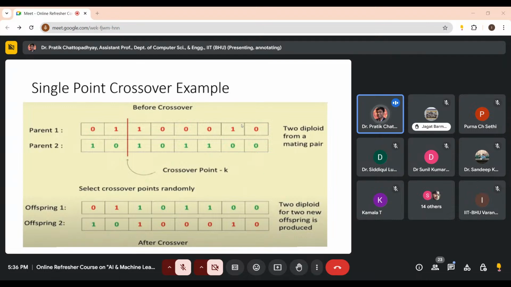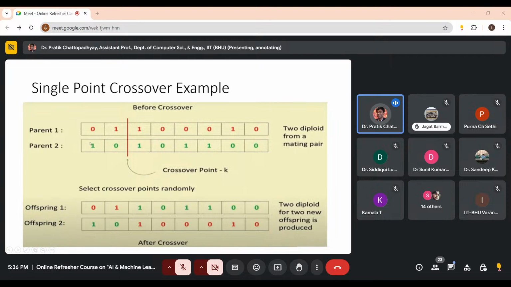What it means basically is that about that point we exchange the bits. So if we decide this second point is my crossover point, that is, after the second bit we will do the crossover, and we take these two parent chromosomes, the offspring will look like this. The first 2 bits will come from parent 1 for offspring 1. The next 6 bits will come from parent 2.